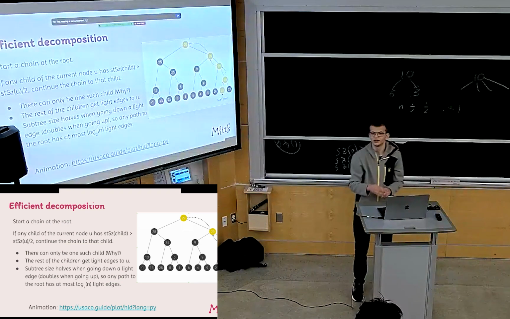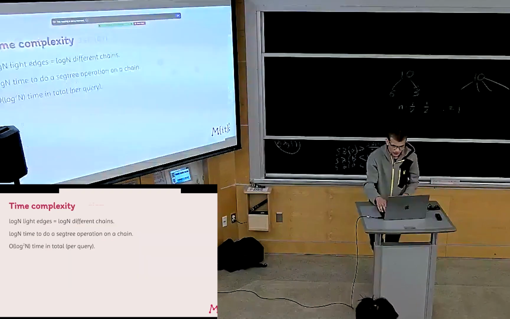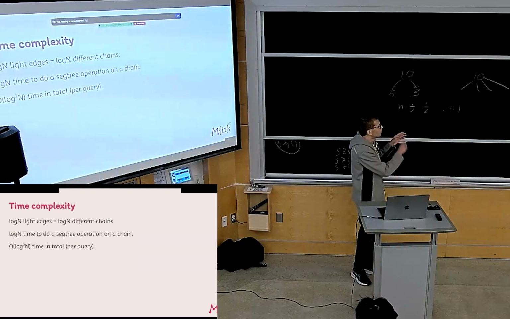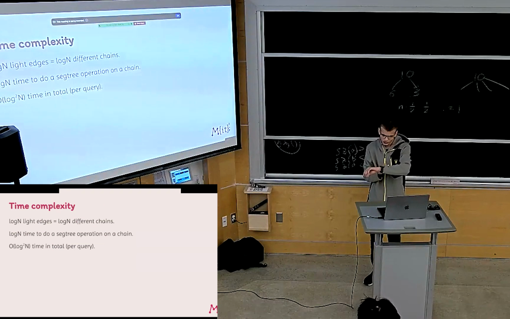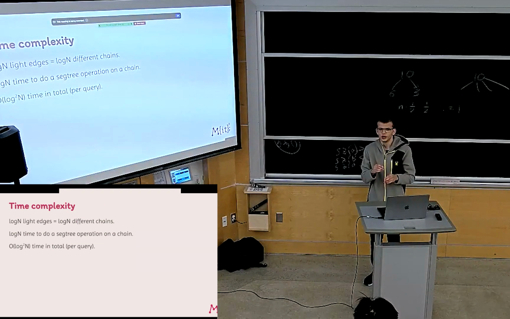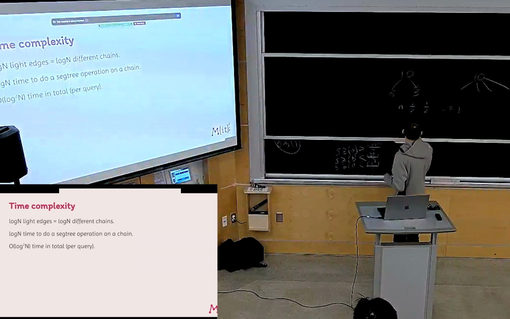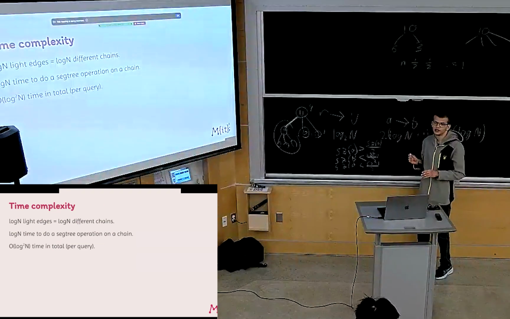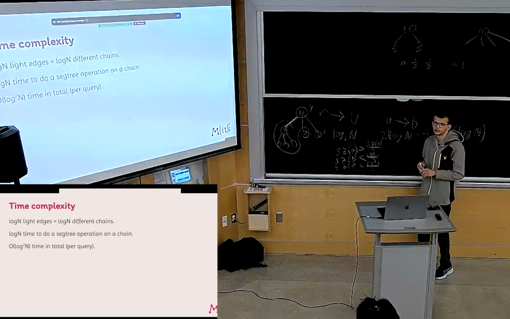Any other questions? Yes? Could you explain again how we got the complexity log n squared? Yes. So as I just explained, all of the vertical paths will contain at most log n chains. And the way our algorithm will work, which I guess I haven't explained too much yet, is that we will do one segment tree query on every chain that intersects with the path from A to B. And each segment tree query will take log n time, and we will do O of log n segment tree queries.